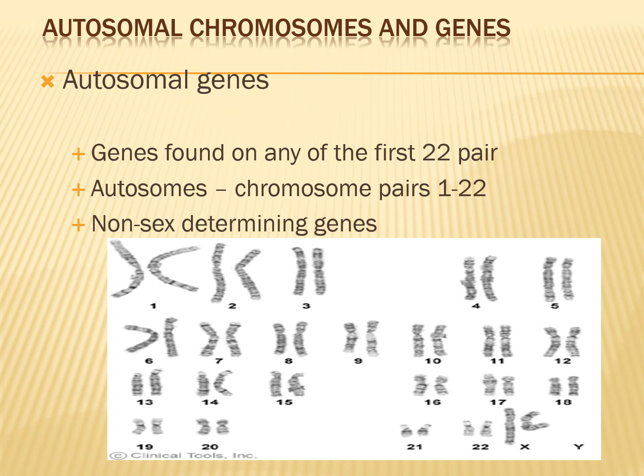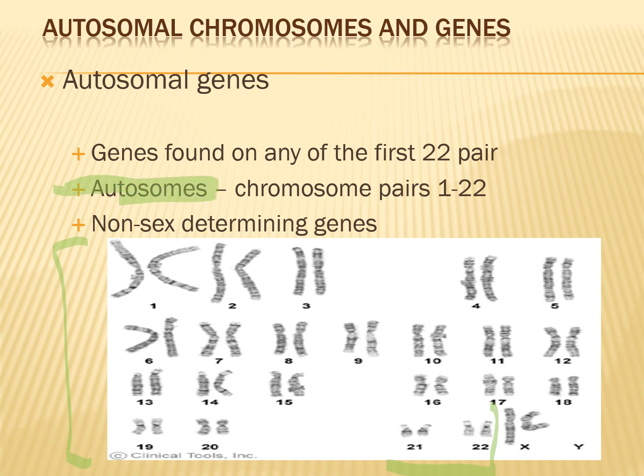First, this is a karyotype. We looked at these on the last PowerPoint. So a karyotype is the picture of your chromosomes, and you have 23 pairs. Pairs 1 to 22, so up to this point here, are called autosomes.